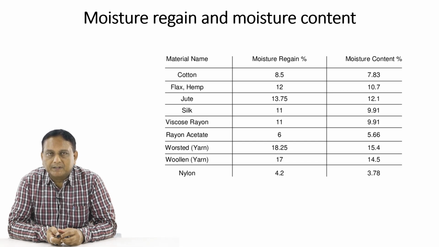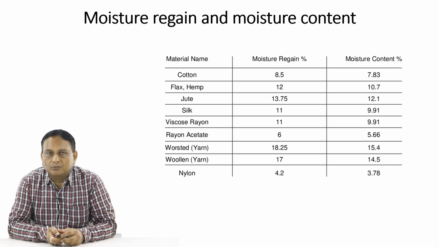Different fibers have different moisture regain and moisture content properties, because moisture content means the fiber inherently contains a certain amount of moisture, and moisture regain means how it attracts moisture from the standard atmosphere.